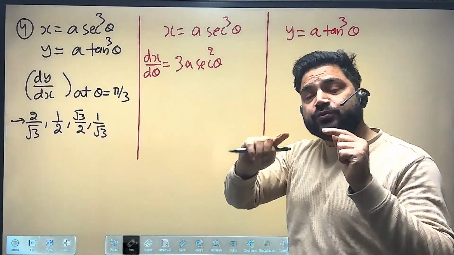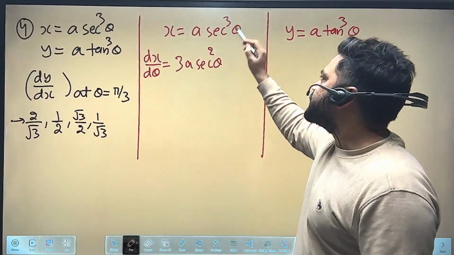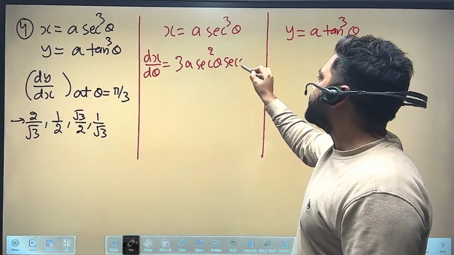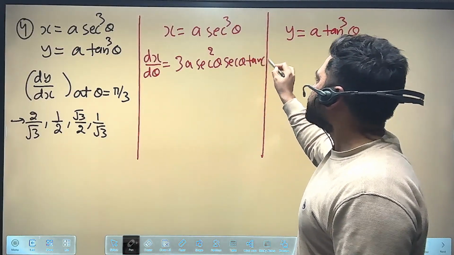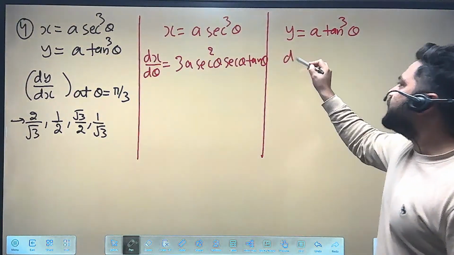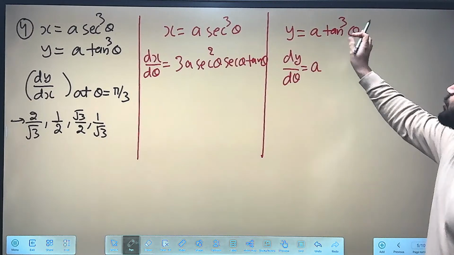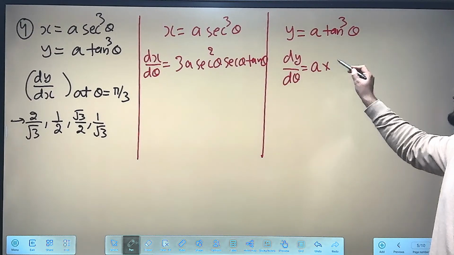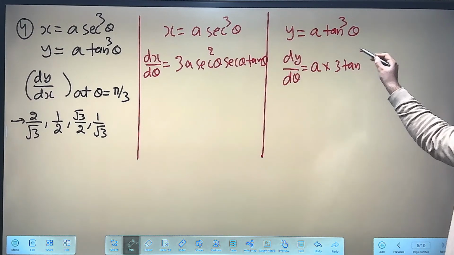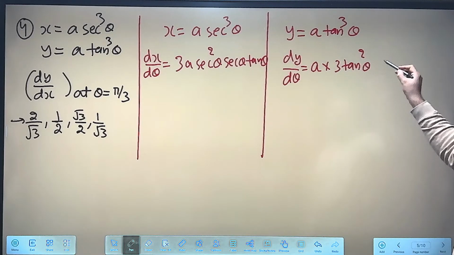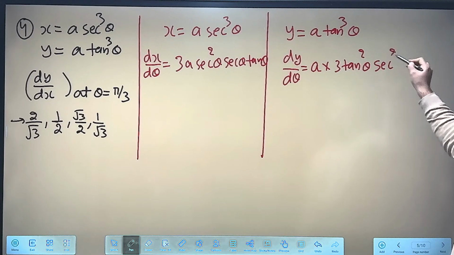We also have to do the derivative of secant, which is secant theta tan theta. Similarly, dy by d theta: a is constant, 3 comes ahead and the power is one less, 3 tan square theta. The derivative of tan theta is secant square theta.